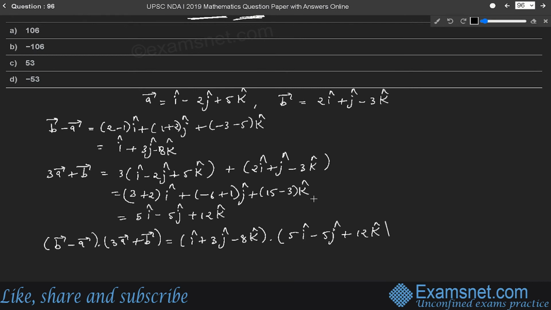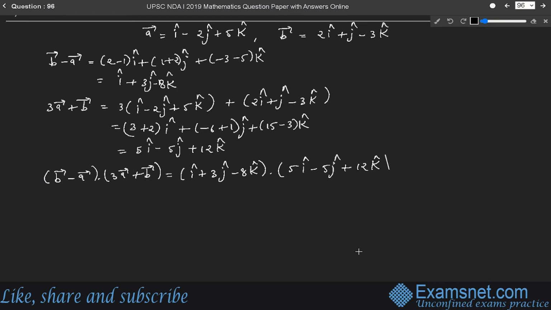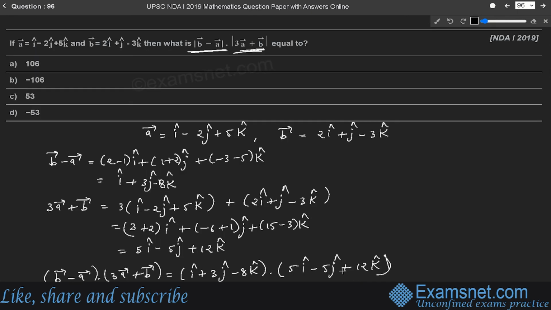On further solving, it will be equal to 5 minus 15 minus 96, which is equal to minus 106. So this is the value for the given expression. So the correct option here is option number B, which is 106, and it is negative.